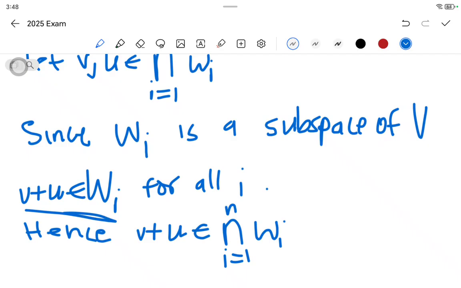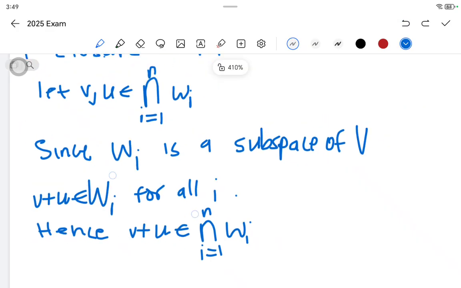Then since this happens for all I, it means that also this will happen for the intersection. So if two elements are being taken from Wi, then we do an intersection of them, obviously it will still exist. You see, right? So that's the case in this one.